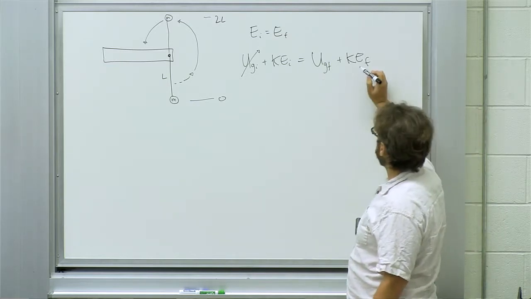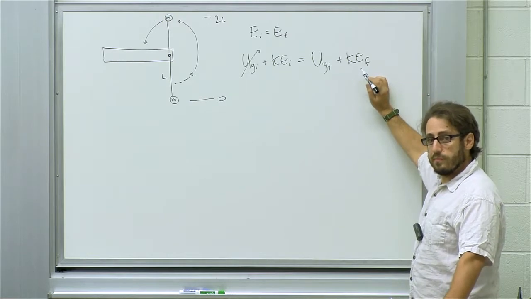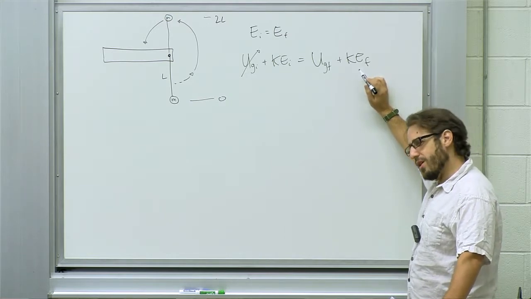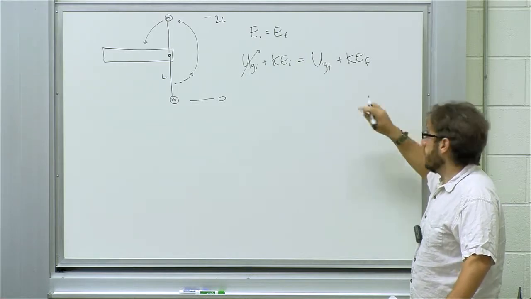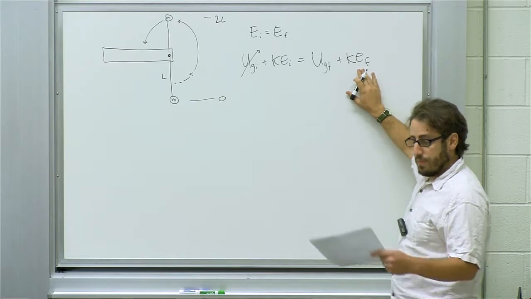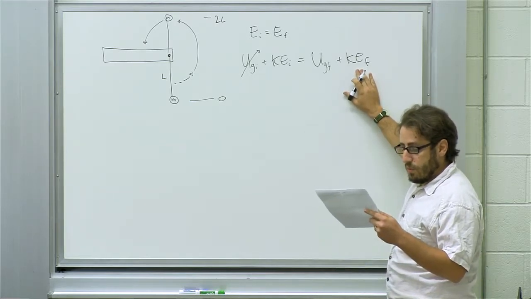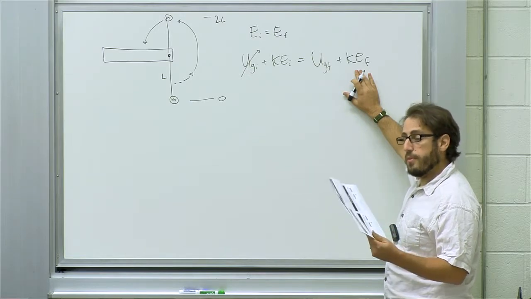Similarly, what is the final kinetic energy? 0. Why 0? I mean, I could hit this thing really hard and it could spin around for a long time, right? Why is the final kinetic energy 0? Well, the problem asks us, what is the minimum speed required to make the ball go over the top of the circle?